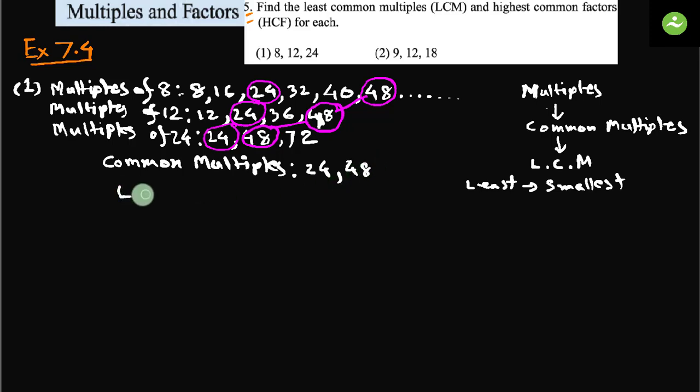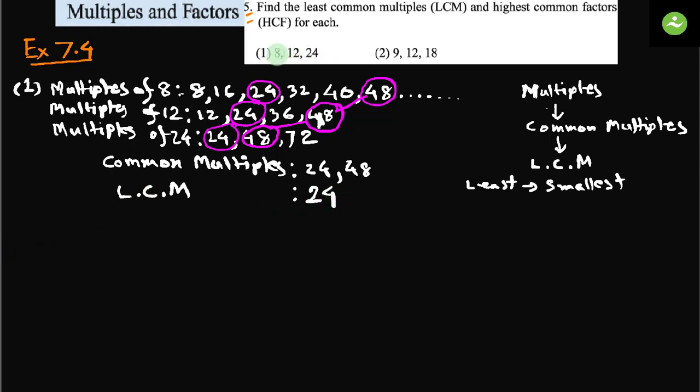So least common multiples. Which is least common multiple? The smallest one. 24 is smaller than 48. So 24 is LCM, or least common multiples.